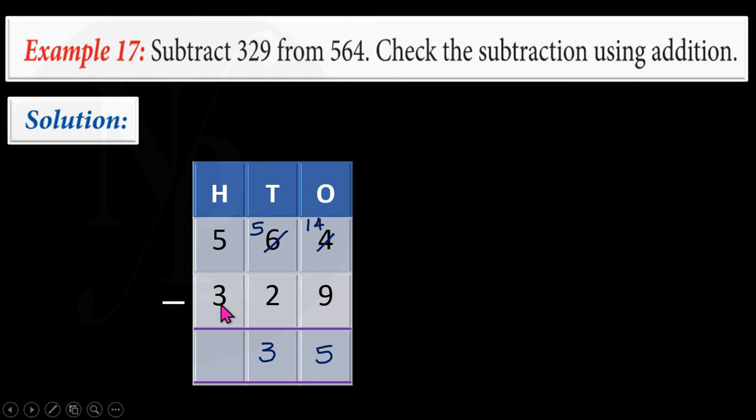In hundreds column, we subtract 3 hundreds from 5 hundreds. On subtraction, we get 2 hundreds as difference. So 235 is the difference of 564 and 329.